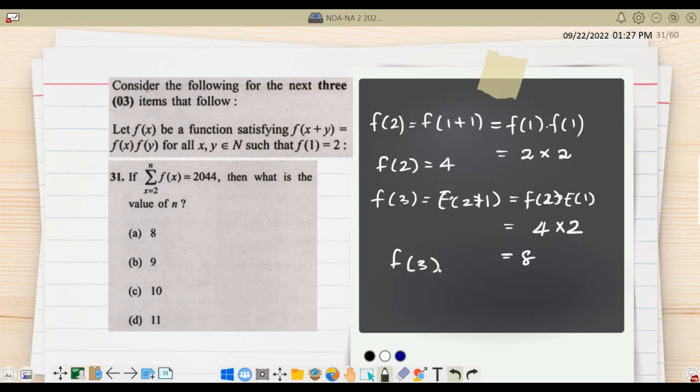Now we see a pattern, that f of n is 2 power n, because f of 2 is 2 square and f of 3 is 2 cube. So this pattern obviously follows. Now if we take the actual sum, this becomes a GP. So remember this, f of n is equal to 2 power n.